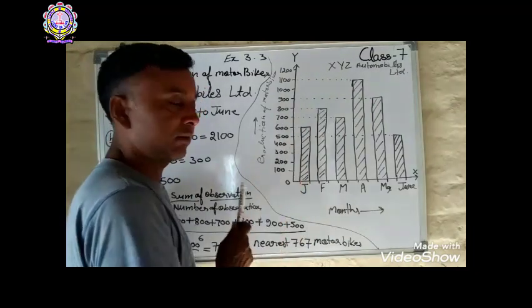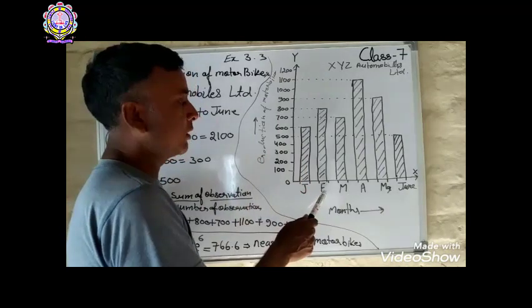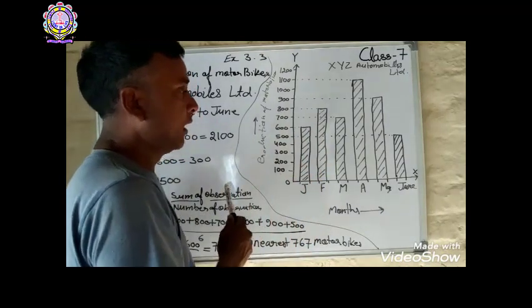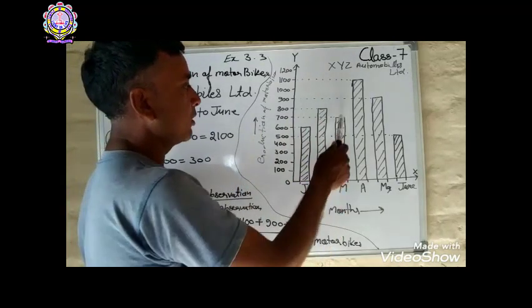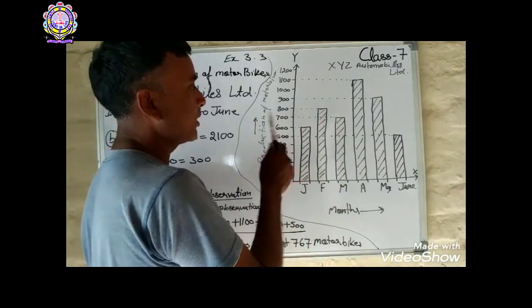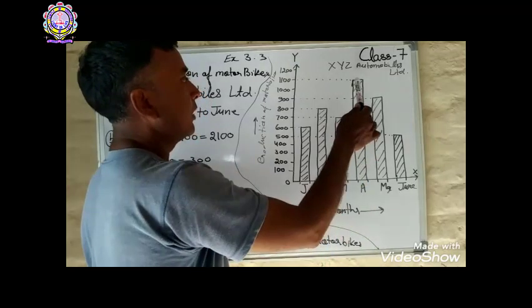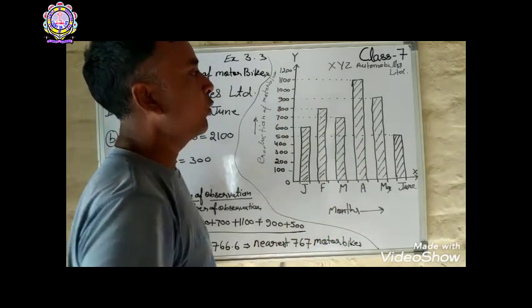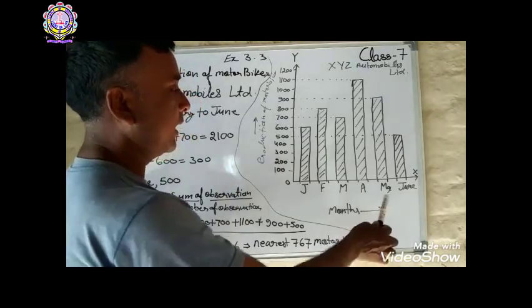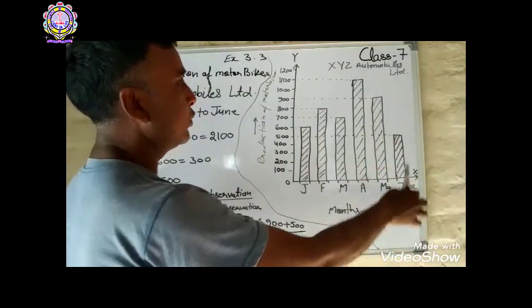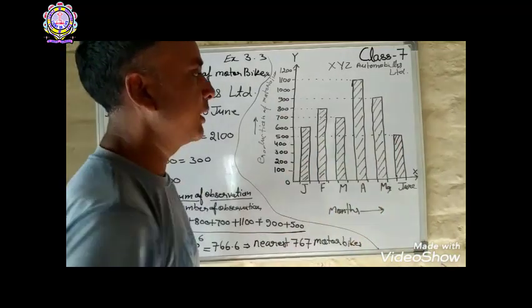That is 600. In February, you observe 800. In March, the bar graph shows 700. In April, 1100. In May, 900. In June, 500.